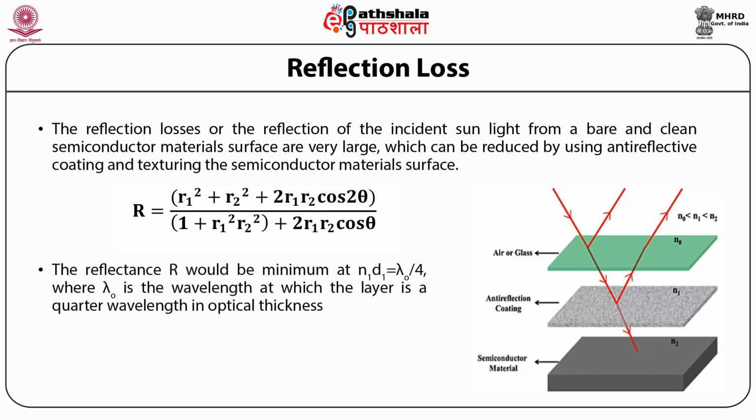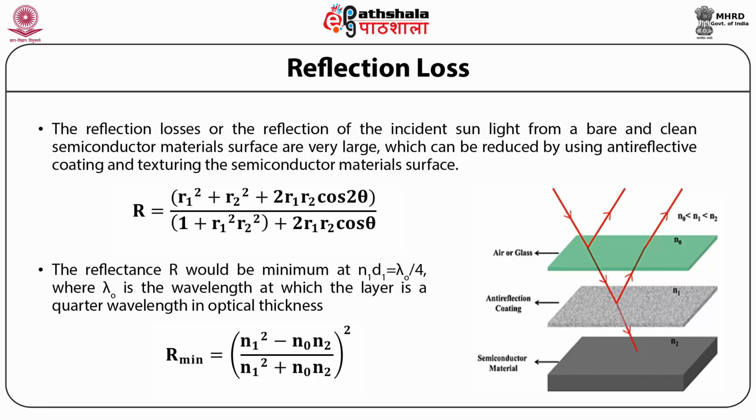The reflectance R would be minimum at n1 d1 equal to lambda naught by 4, where lambda naught is the wavelength at which the layer is a quarter wavelength in optical thickness. Hence, the minimum reflectance R minimum is given by R minimum equal to n1 square minus n0 n2 divided by n1 square plus n0 n2, this whole square.